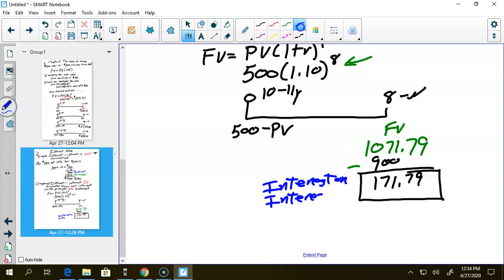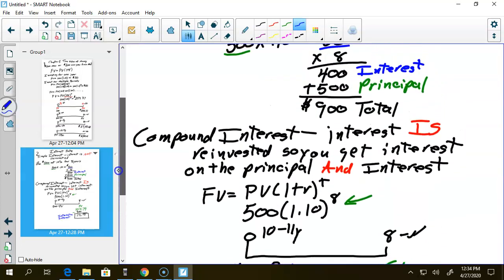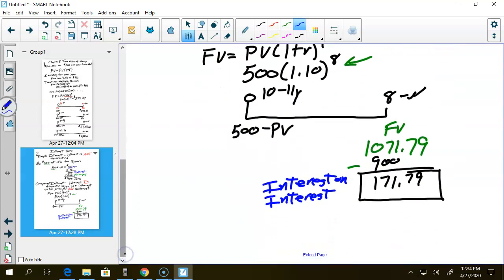Okay, so that first $50 in interest that we would have gotten with our previous example, we kept reinvesting that, and that gained interest, and it came out to $171. Folks, you know what you call that? You call that free money. You didn't do anything for it, you just had to invest.